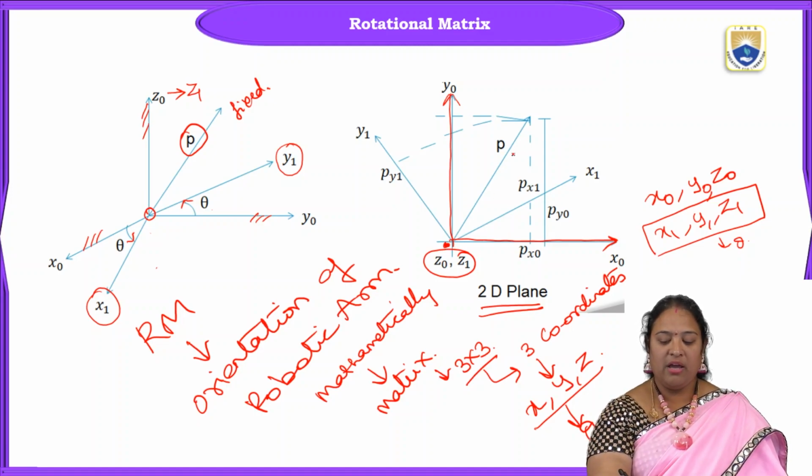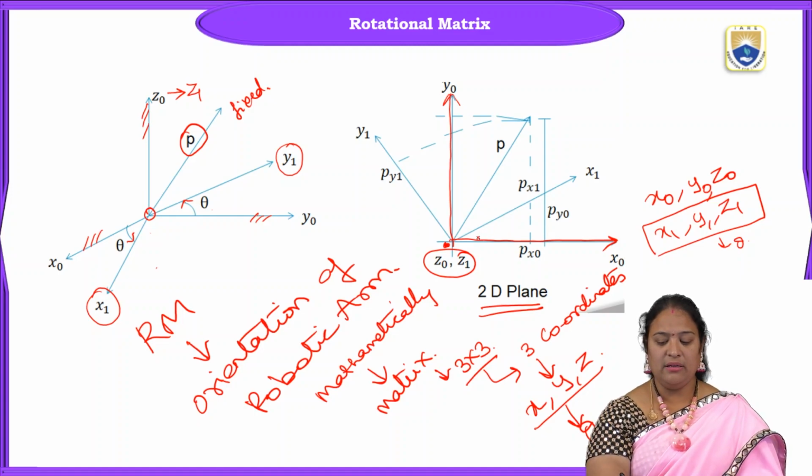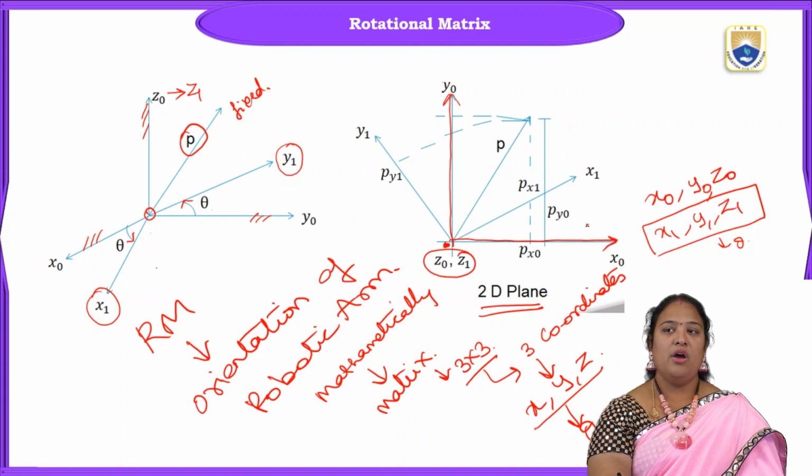Now, here we have the vector P, which is fixed, and the movement of that vector will be done with the help of the rotation of the x and y axes. The movement of the vector P for the frame will be done with respect to the movement of the axes x0 and y0.